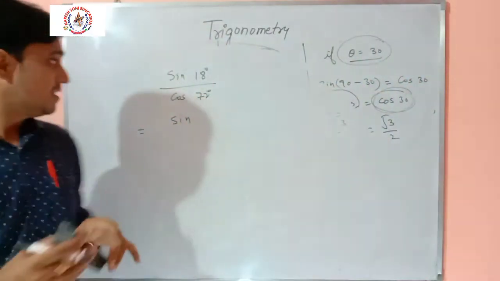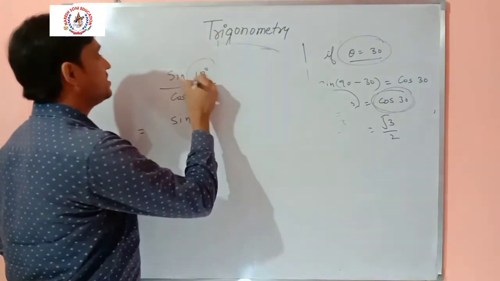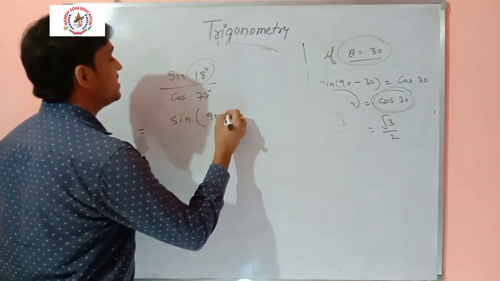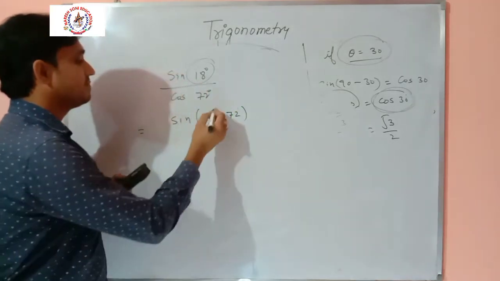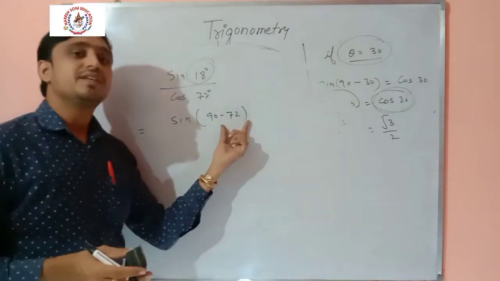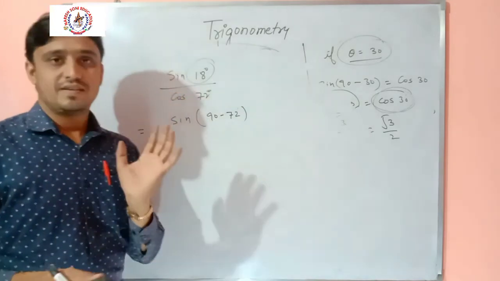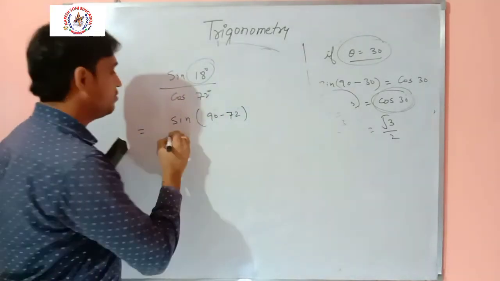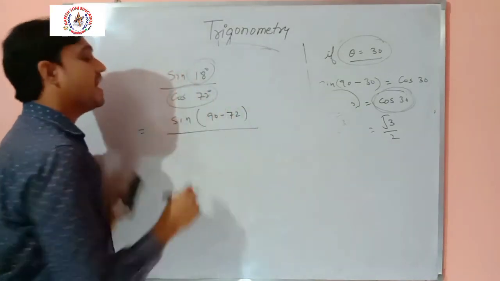So let's convert this one. 18 degrees you can write as 90 minus 72 degrees, since 90 minus 72 is 18 degrees. You write sine of 90 degrees minus 72 degrees, and keep cos 72 degrees the same.